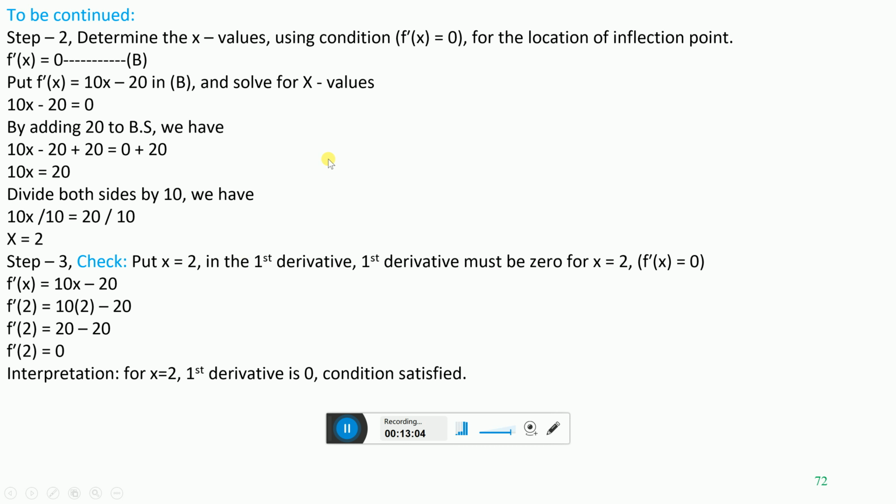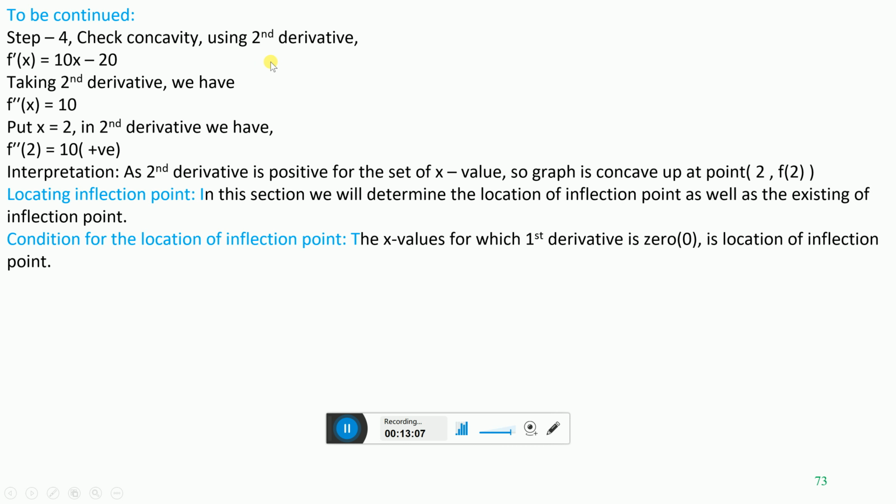Now further we will check the concavity using the second derivative. So we have to take the second derivative of the function. f prime of x is 10x minus 20 and f double prime of x is equal to 2. This is the second derivative. Now to examine whether the graph will be concave up or down, we will check the concavity using the second derivative for the x value 2.